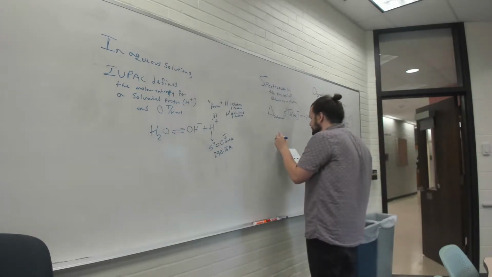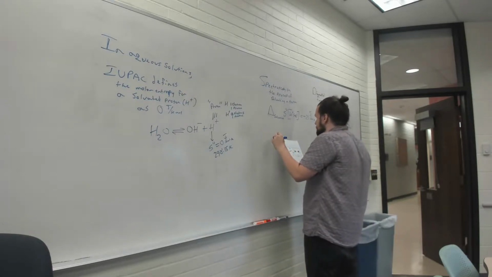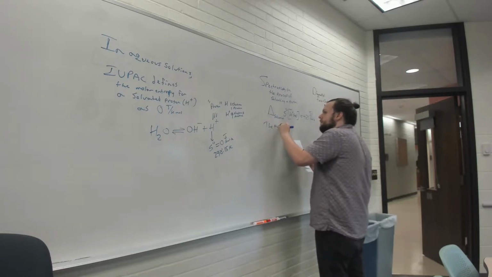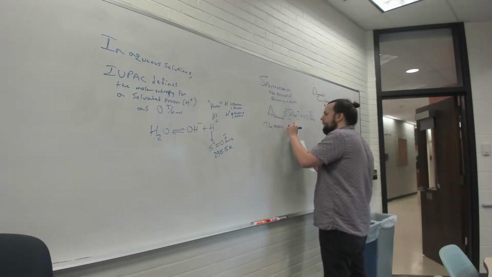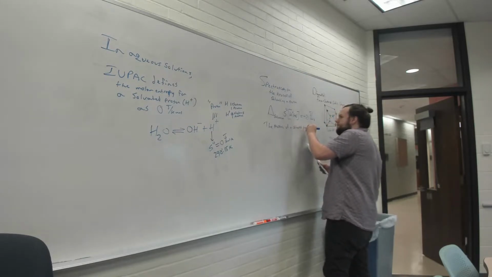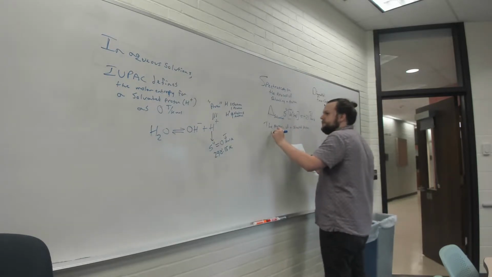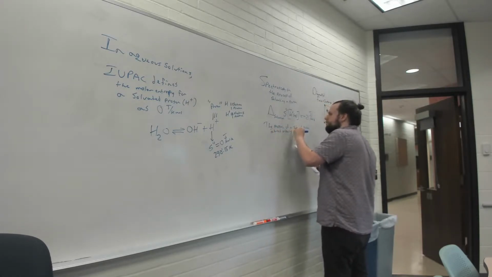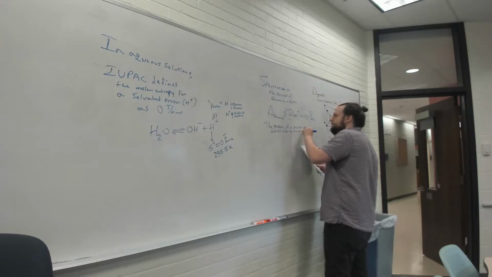So for instance, let me write this. There are a lot of beautiful papers on this, and it's been studied for a long time, but the presence of a solvated proton induces ordering structural changes to liquid water.